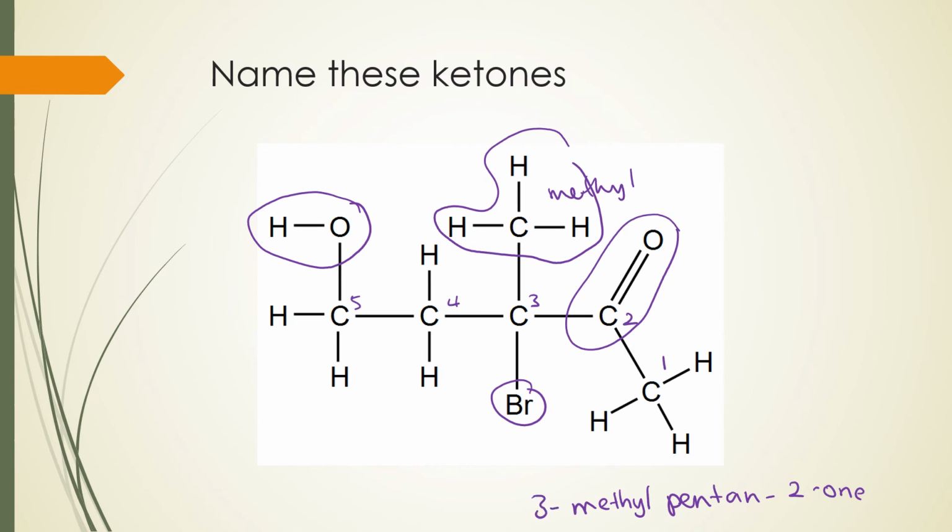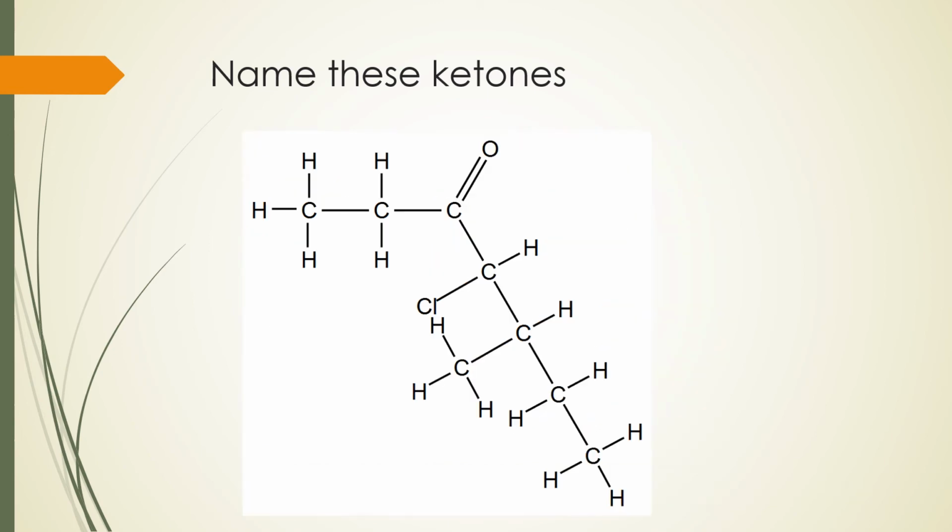Now bromo and hydroxy are both functional groups in prefix. So B goes before H. So it's hydroxy on carbon number 5 and bromo on carbon number 3. So 3-bromo-5-hydroxy-3-methylpentan-2-one.